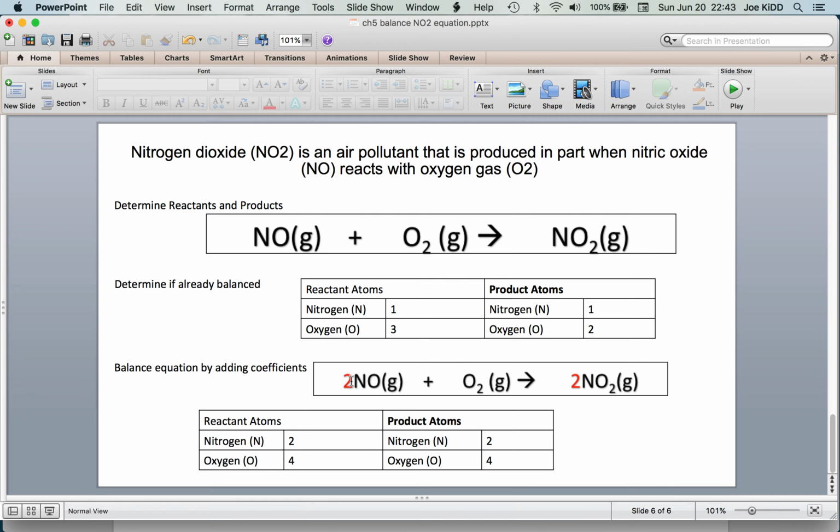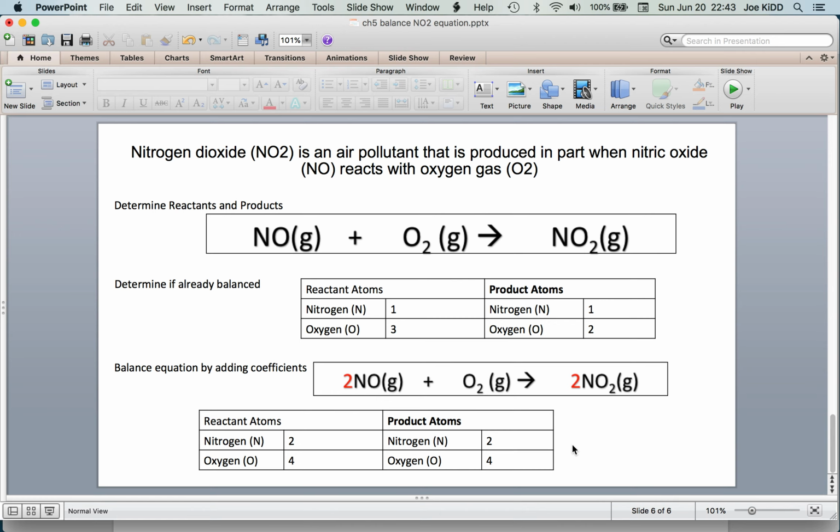So if I add a 2 on the nitric oxide side, I now would have 2 nitrogens, and I would have a total of 4 oxygens on this side. I still have 2 from my oxygen gas, and I will now have 2 from the 2 NOs for a total of 4.